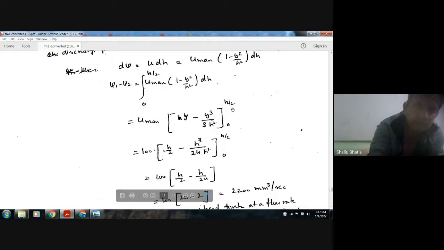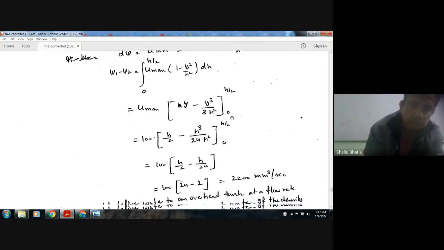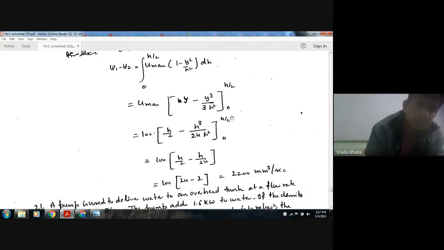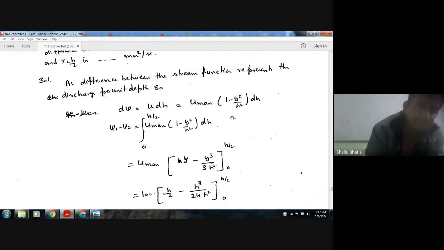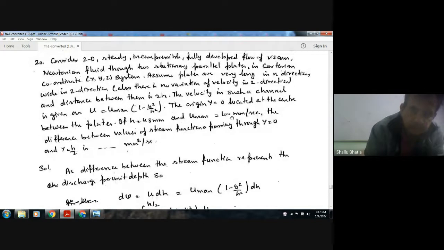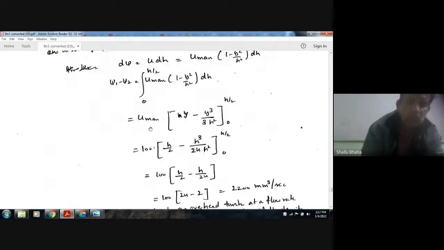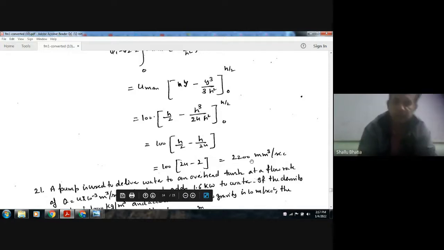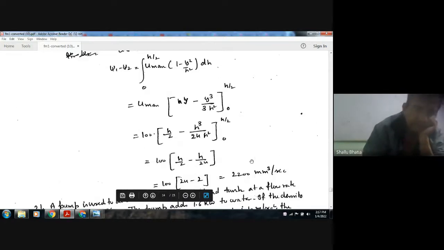So h cube, putting y equal to h by 2. Here h is your 48, so h by 2 is your 24. So it will be 24, so it will be 2. So that will be 2200 cube per second.